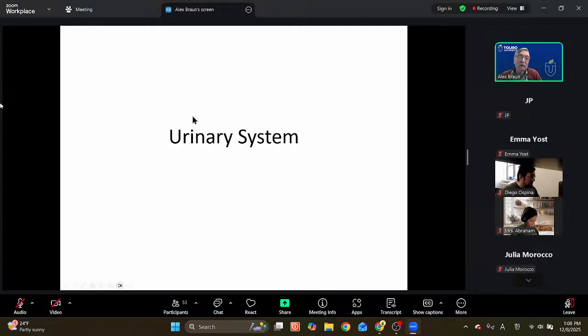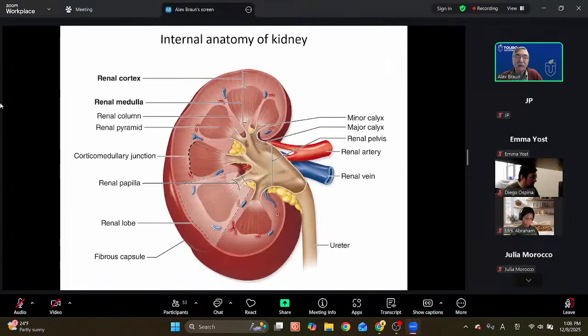Okay, so today we're talking about urinary system. Let's do an overview first. The best way to approach kidney is to see a gross specimen of kidney, or at least a picture of it, and cut it sagittally like we're seeing here. You see cortex and medulla, the outer part.